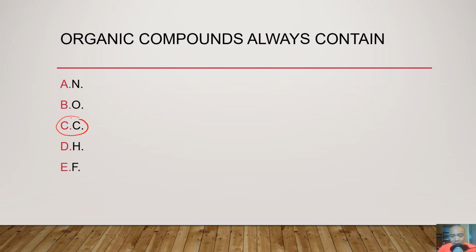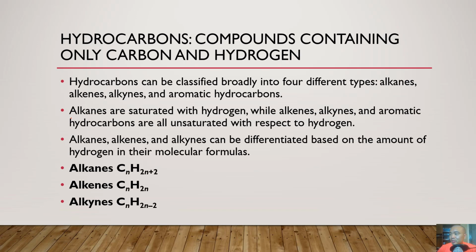One of the most common types of organic compounds is called hydrocarbons. Hydrocarbons are the organic compounds that contain hydrogen and carbon only. A hydrocarbon can be an alkane, an alkene, or an alkyne, which have different formulas.